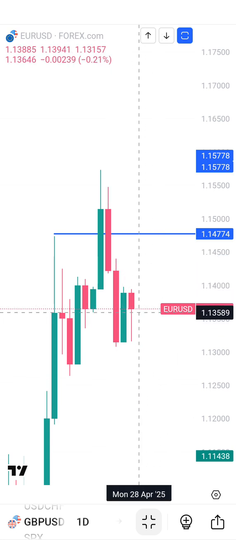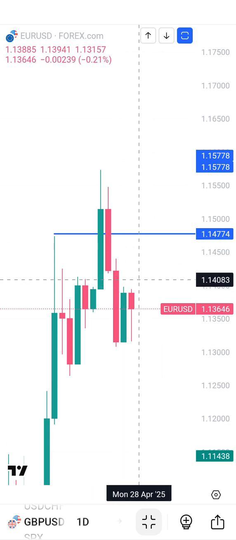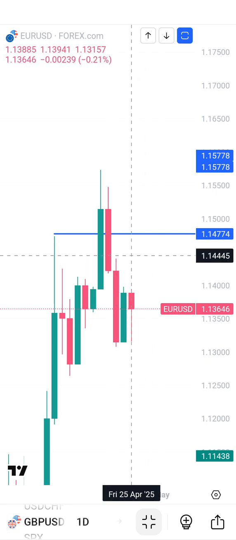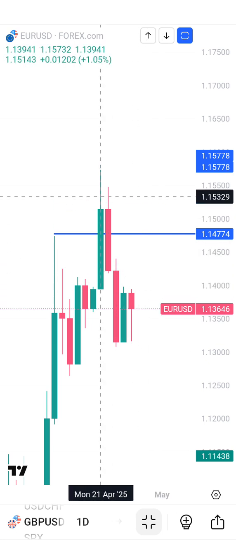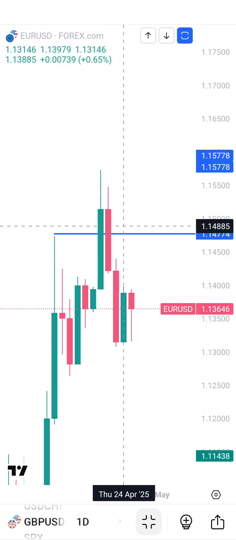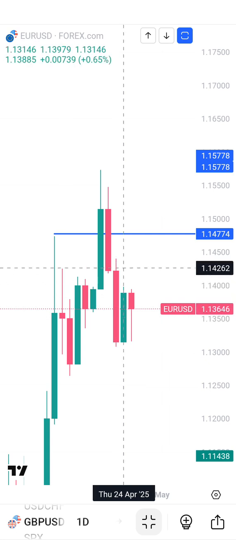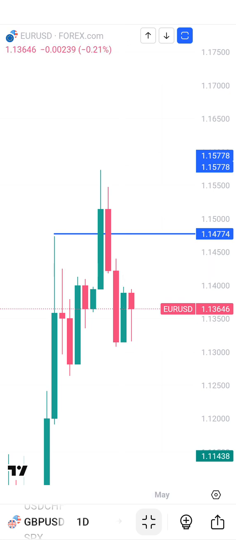Price can take the low here or push up first into any of these zones around here. It might be 50% of this last bullish candle, or even this rejection candle, as the case may be. Watch out for GBPUSD and see what happens between Monday, Tuesday, and Wednesday maximum, and see how price might react for the week.